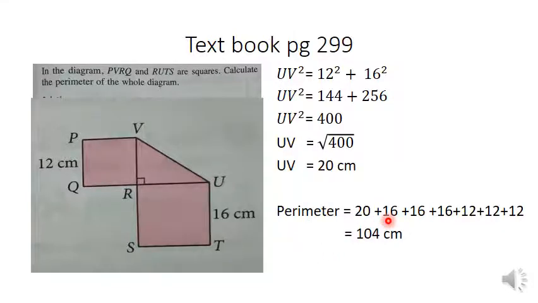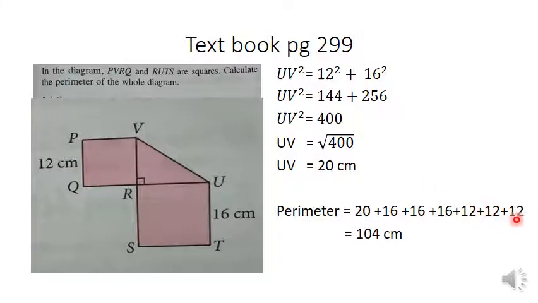And then one more, plus this side 16. And then one more side 16. Next 12. This side is 12, so you write plus 12. And then one more also 12, so you write plus 12. And then the last one, this side, 12.